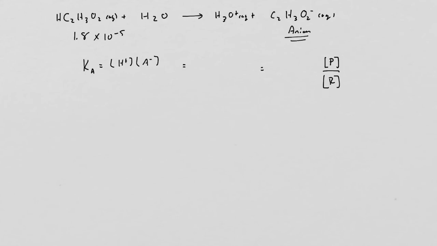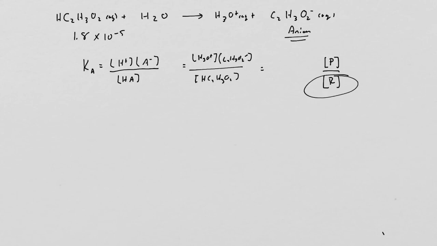So A minus is the anion, not the acid, over the original acid, which was HA, or alternatively writing this, you'd write out the whole thing, like H3O plus times C2H3O2 minus over HC2H3O2. The important point about this is, in this particular case, there's a lot more reactants.